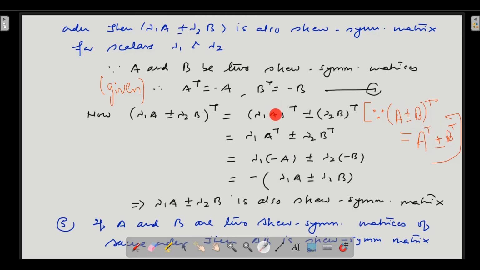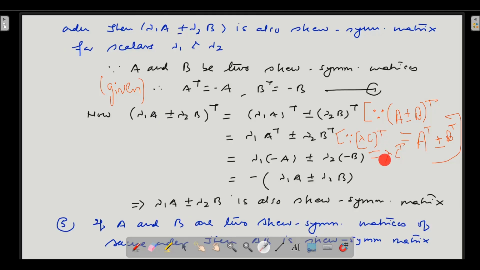Now we already know that (lambda times C) complete transpose is equal to lambda times C transpose. So the constant can be taken out of the transpose operation.